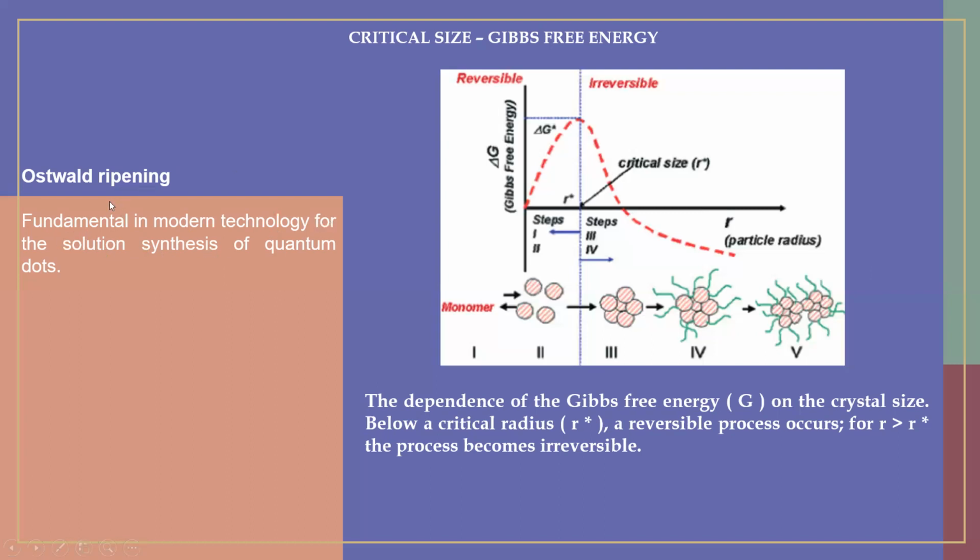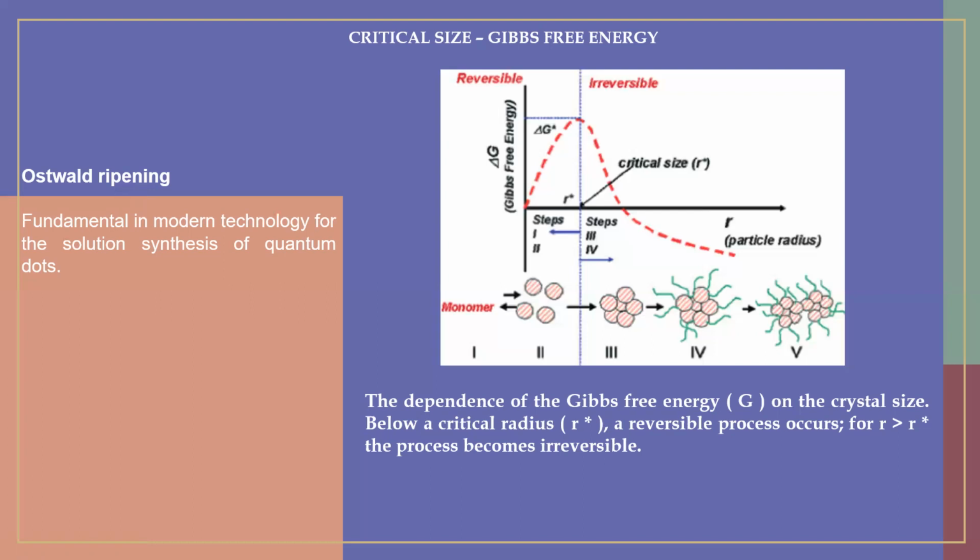It is the same process: the atoms, molecules or ions start to grow, and only some nuclei grow further and form a crystal. All the other nuclei dissolve into the solution again and join the nuclei which have a particular size, the critical radius.